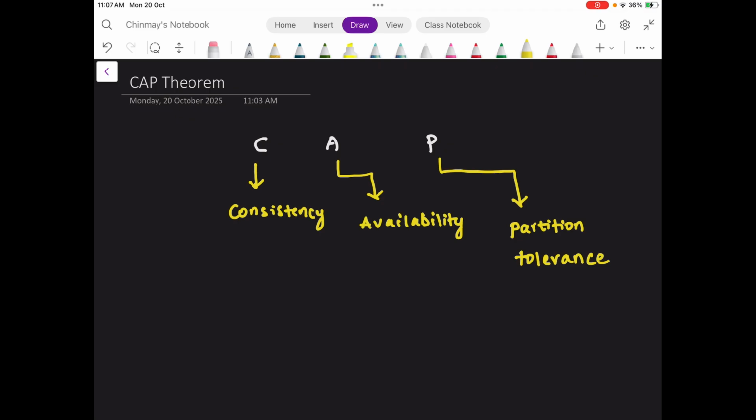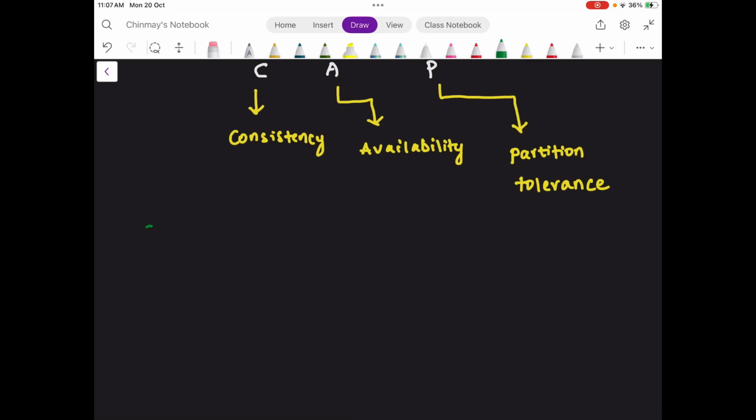First we will discuss consistency. What is meant by consistency?